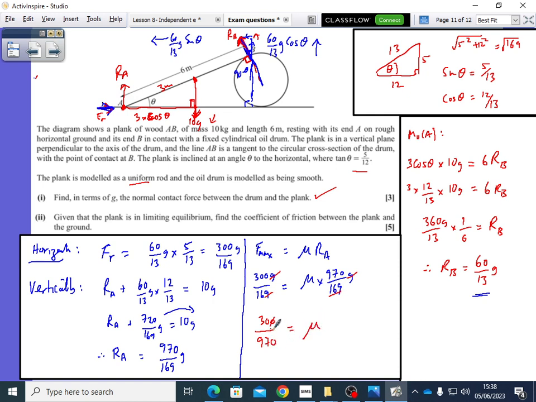So we can cancel those out, and therefore mu would equal 30 over 97. I'm just going to quickly check this: 300 over 970, 30 over 97, and if you want it as a decimal, you could have it to 0.309. Okay, hope that helps.